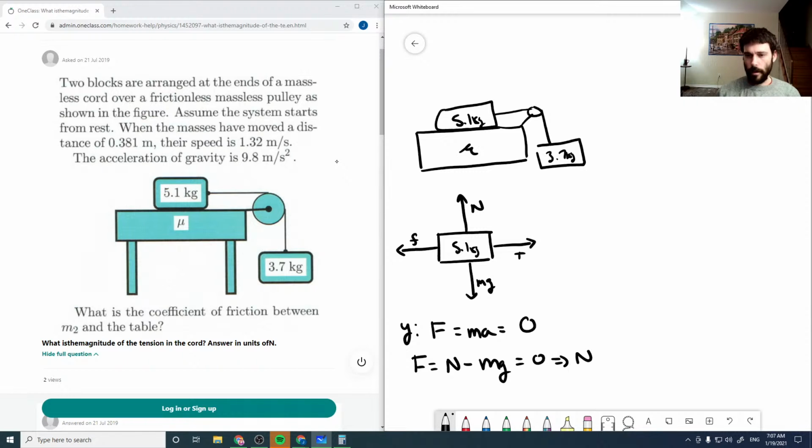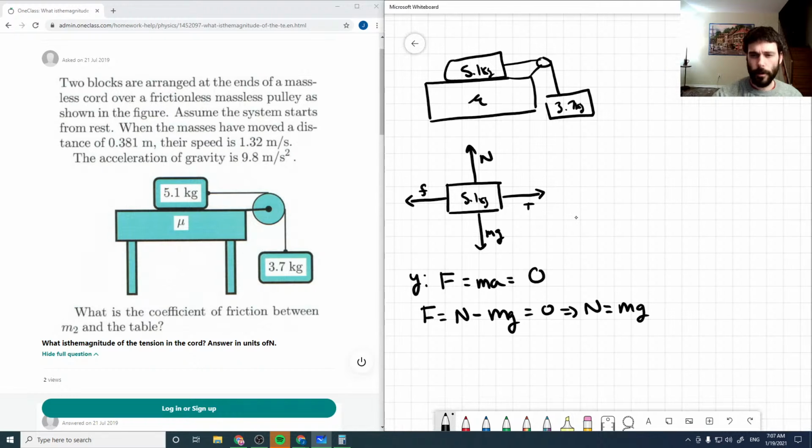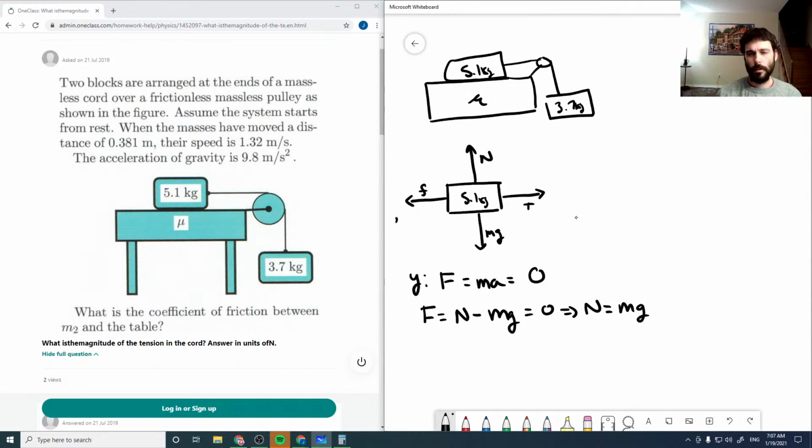So then our normal is equal to mg. So that's all that gives us. Recalling that our friction force is our coefficient of friction times our normal, then that kind of solves for that for us.